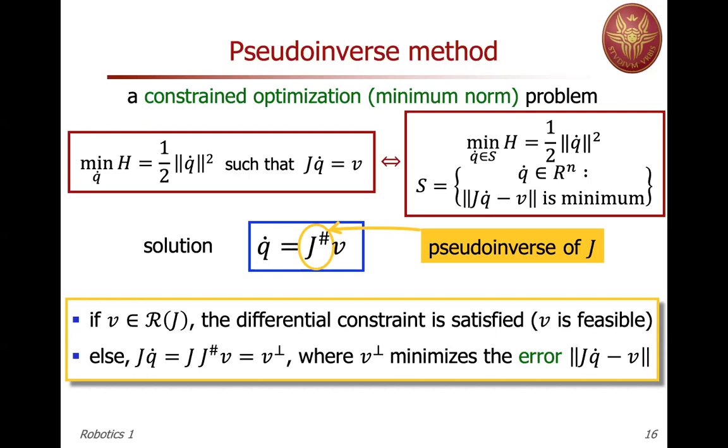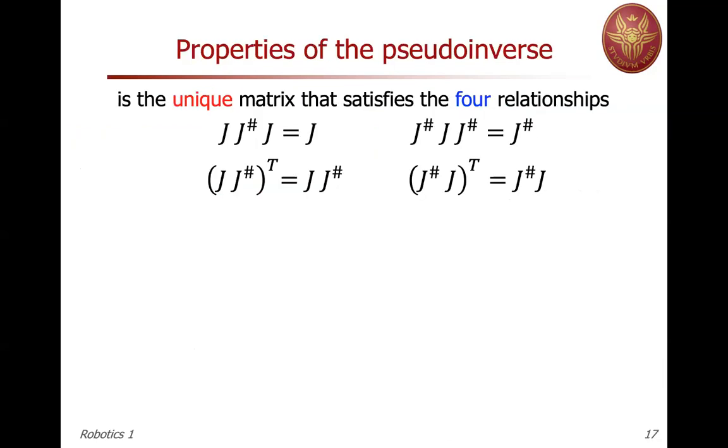Of course, you cannot bring this to 0, but at least you know that you minimize. And not only do you minimize this, by the very formulation, you're minimizing this velocity error while minimizing the norm of the solution itself. So you're minimizing two things at the same time: the minimum norm, in terms of less effort at the joint level, while satisfying at best the Cartesian velocity task. So this is also called the orthogonal projection of V into the range of J.